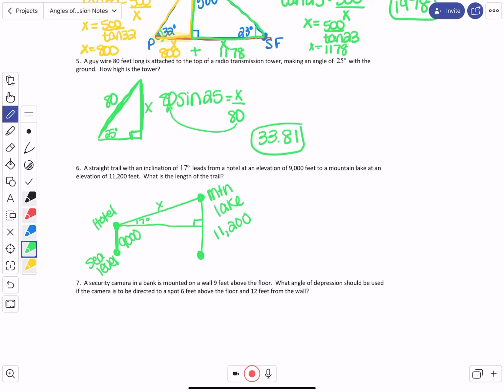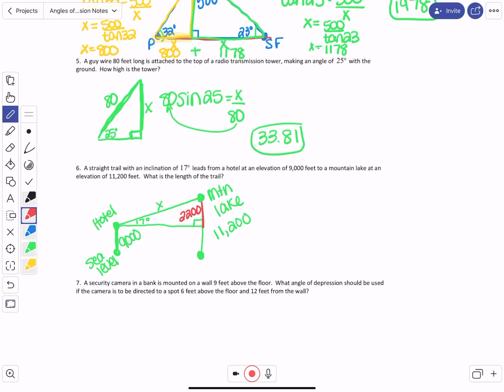How do we use the 9,000 and 11,200? If we subtract those two, we get 2,200.